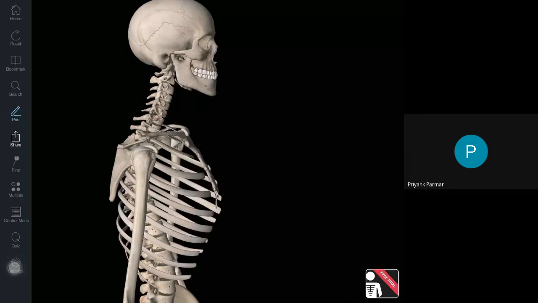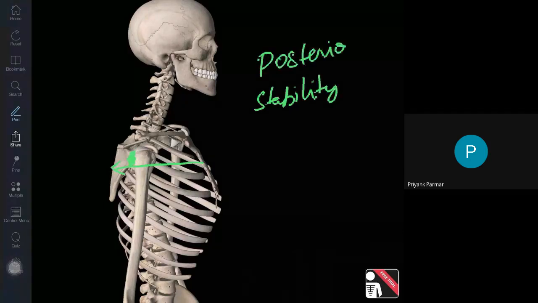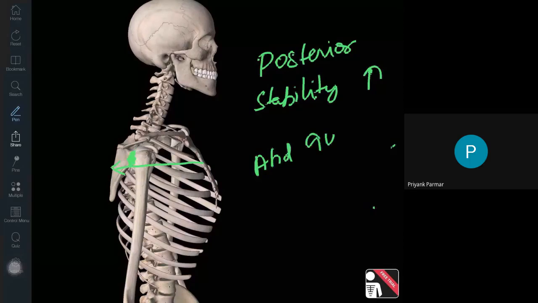The posterior stability will increase when the shoulder is abducted 90 degrees with internal rotation.